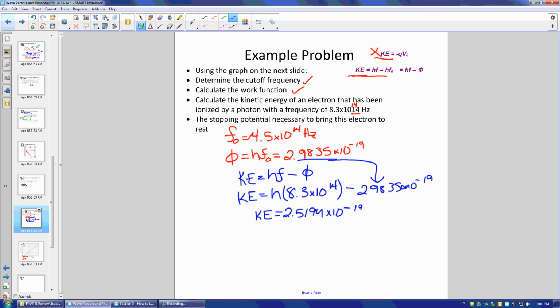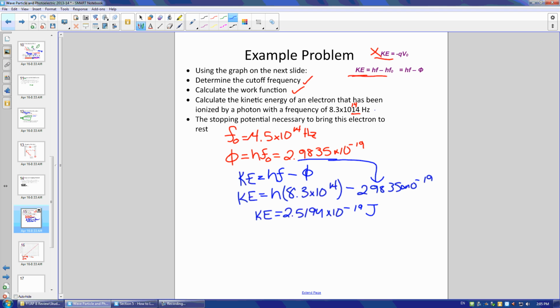And I subtracted the one we found before, which was, oh sorry, 2.9835. And I got this kinetic energy in joules.